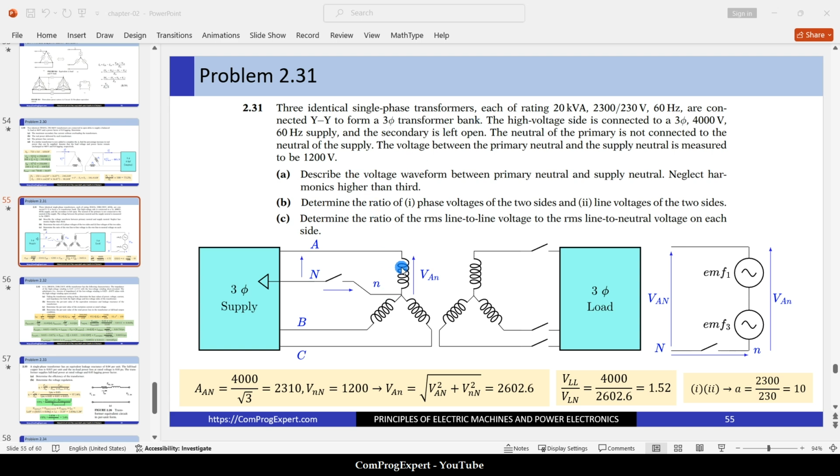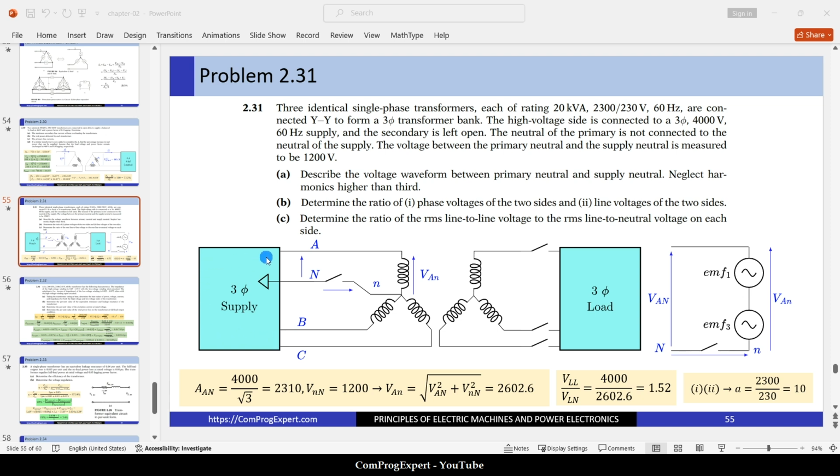Here we have the schematic of this three-phase transformer. We connect the primary coils in star configuration and also the secondary coils in star configuration. The high voltage side is connected to a three-phase 4000 volts 60 Hz supply.